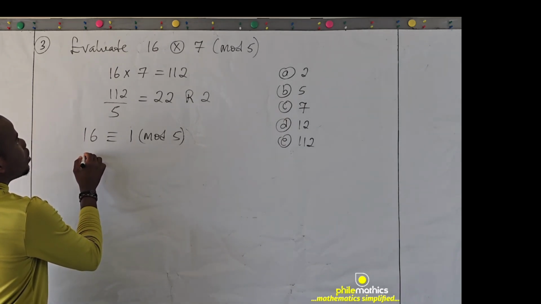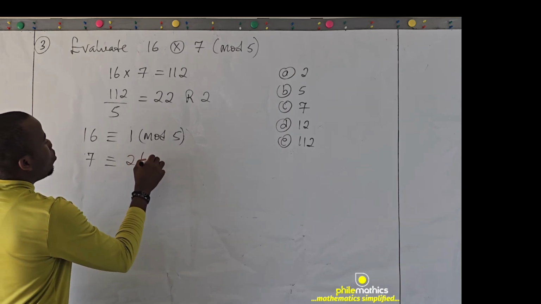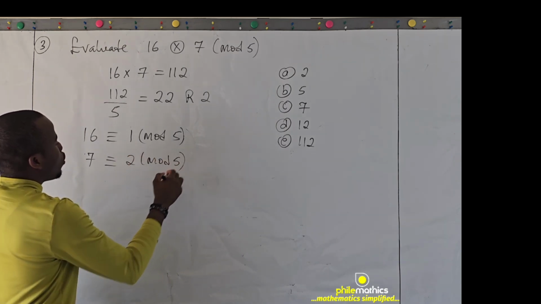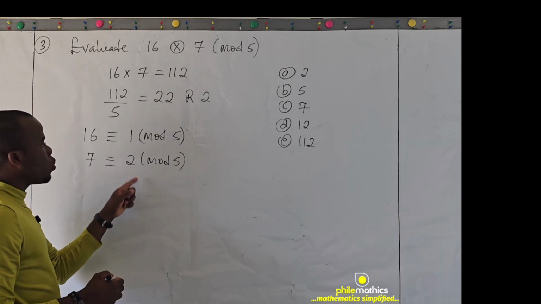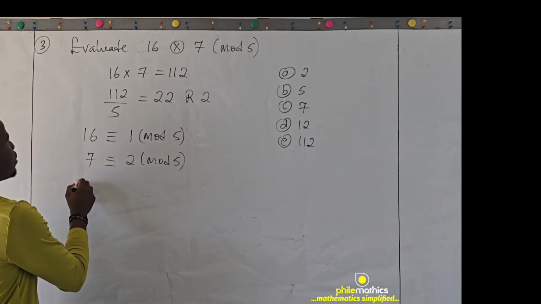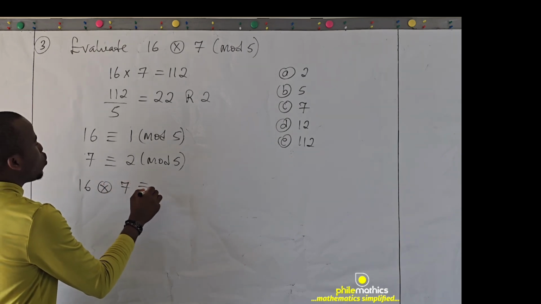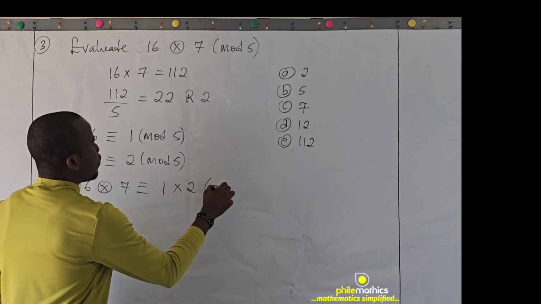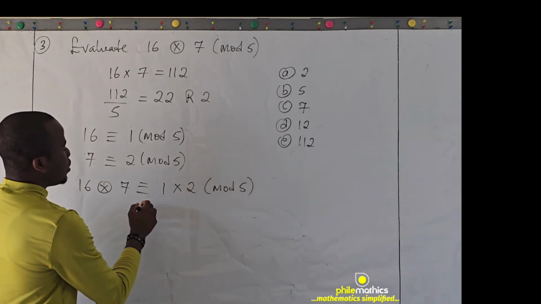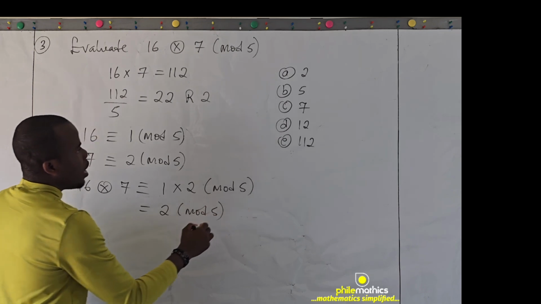And 7 is equivalent to 2 in modulo 5, because if 5 divides 7 is 1, remainder 2. And so 16 multiplying 7 is equivalent to 1 multiplied by 2 in modulo 5. And this is simply 2 modulo 5. And that's it.